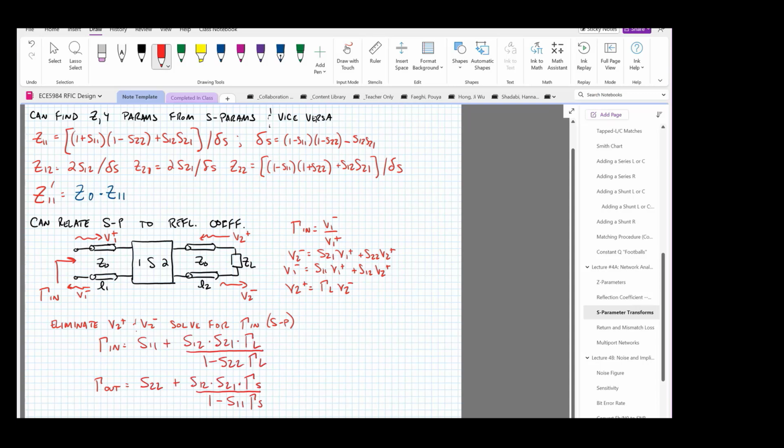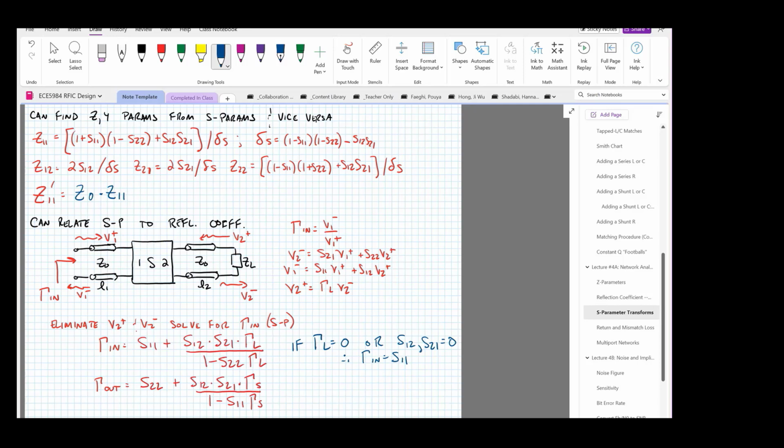All right, now what this tells us is that if there's no reflection off of the load, gamma L goes to 0, and then gamma n is equal to S11.